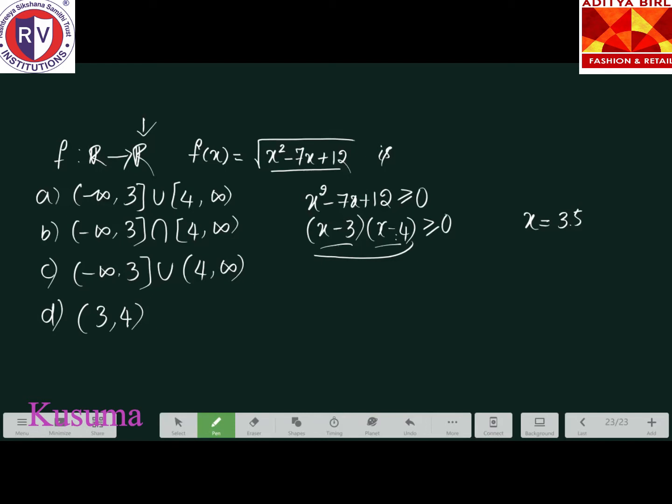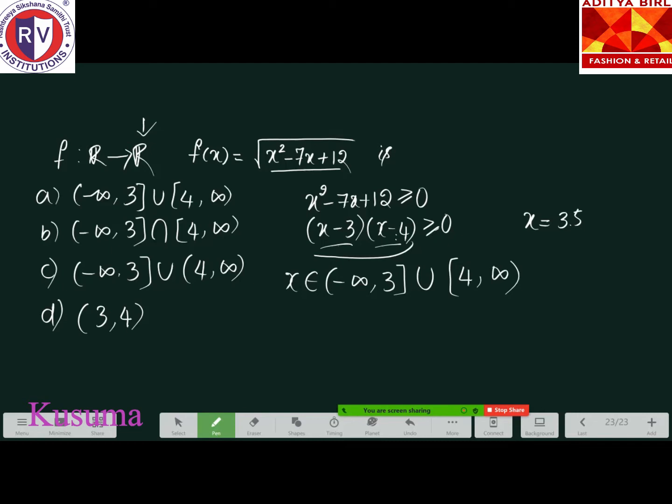So x belongs to minus infinity comma 3, where 3 is closed. Here you can also give the value 3. The product will be equal to 0, since 3 minus 3 is 0, and 0 into anything gives 0. There is an equality sign here, so we can give the value 3. Union 4 comma infinity, because we can give 4; once again you get 0.